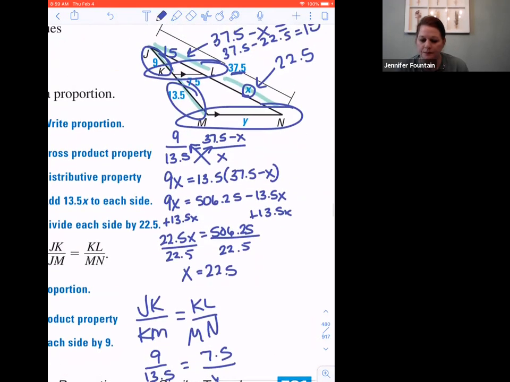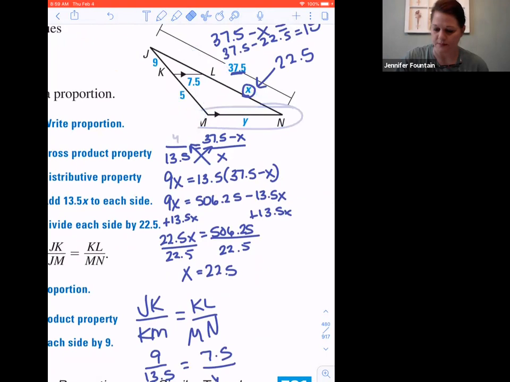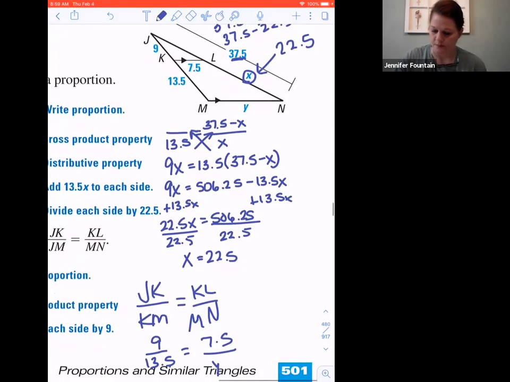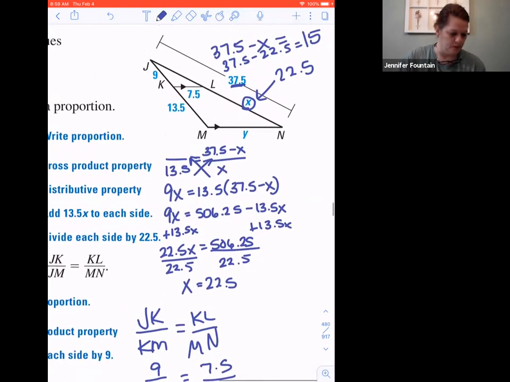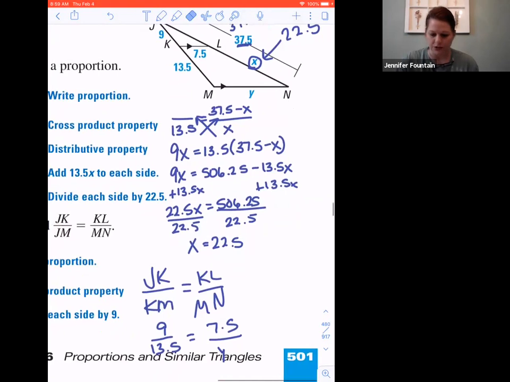Oh, I'm sorry, let me erase so I can see better. Hold on just a second. I've got to do my whole side there, not JK over KM.